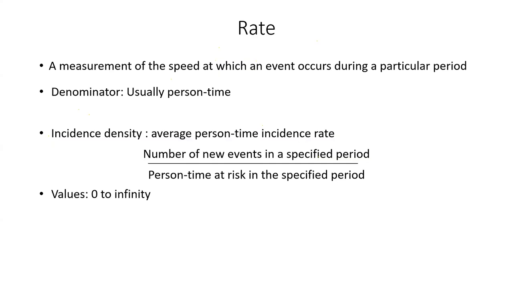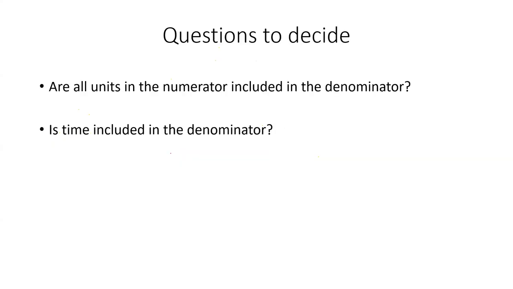What you have to look at is the denominator. If the denominator is person time, when will you use that? You will use it if you have an open population, that is, people are entering and exiting at different times. So you will want to take person time in the denominator.